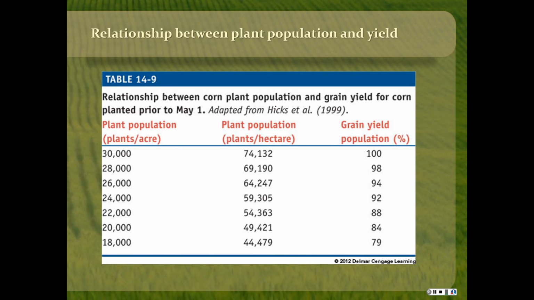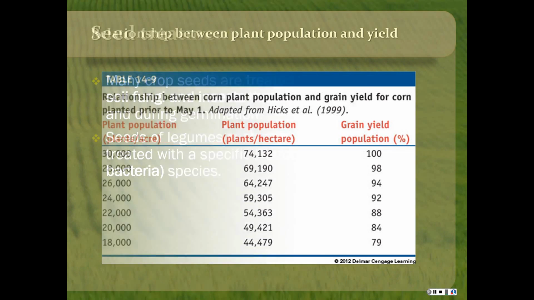So that's kind of important. That's one reason it's important to get the correct plant population per acre to get the yield that's required. And it'll drop off quite significantly if something like hail or drought happens, or if all your seeds don't germinate.